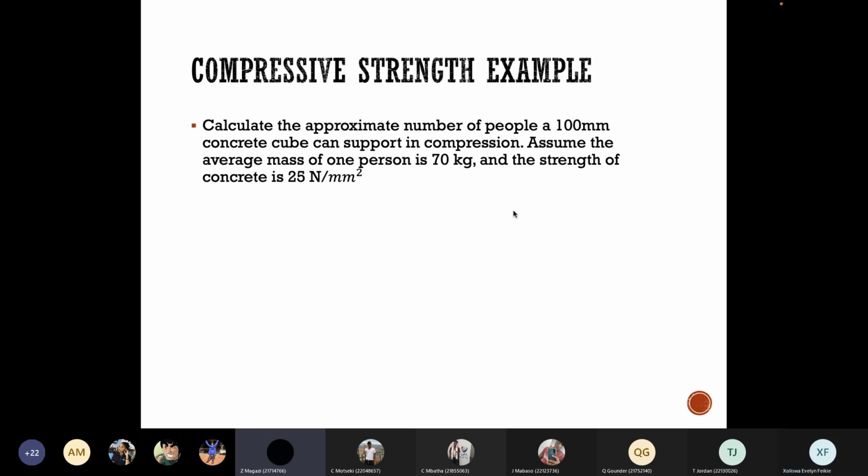Yes, I finished that. I used the formula force over area to get the force, which would be 250,000 newtons, and then once I found the force, I used the formula force equals mass times gravity, and then you have to first convert it to kilograms, and then you divide the answer by the 70.